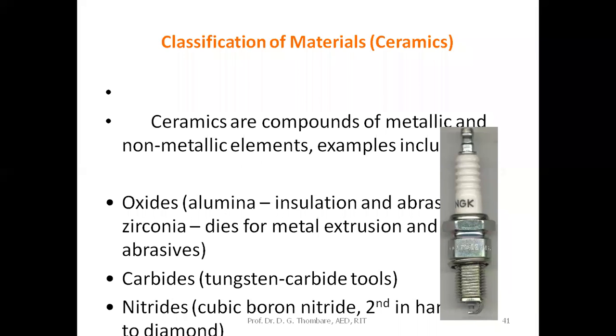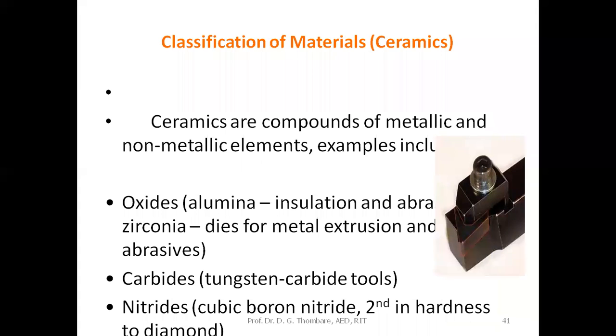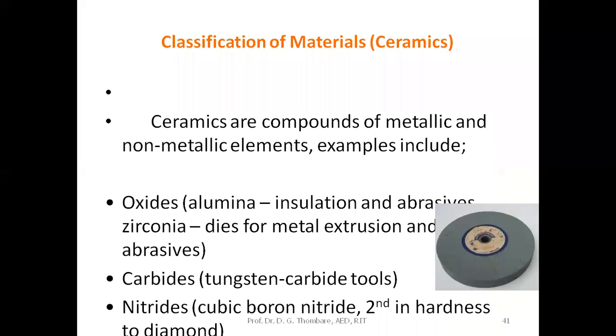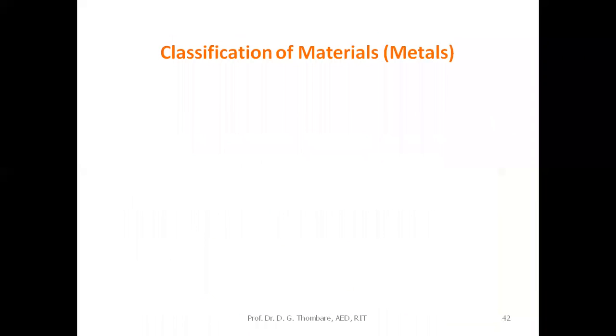Your spark plug is one example of a component which is a combination of ceramic and metal together, which will withstand very high voltage, indirectly very high temperature inside the combustion chamber. So this is the application of ceramics. You can see now a cutting wheel or abrasive cutting wheel, which is also made of ceramic, for polishing and cutting purposes.